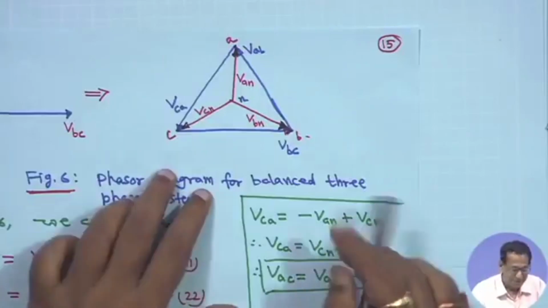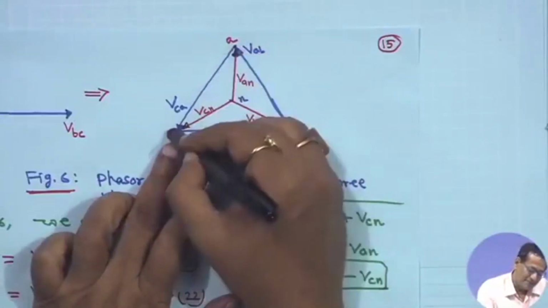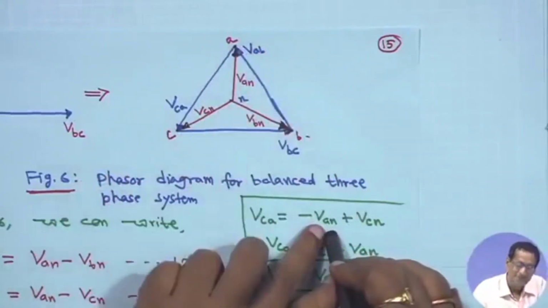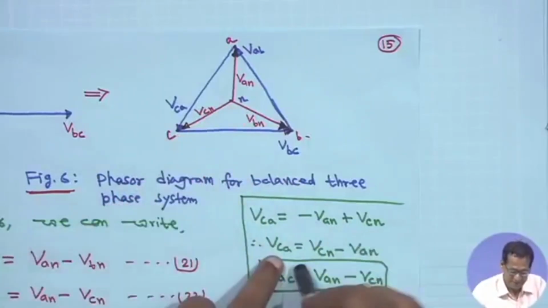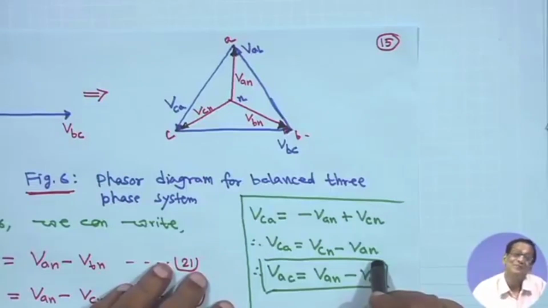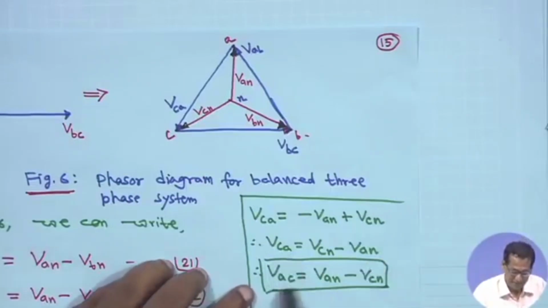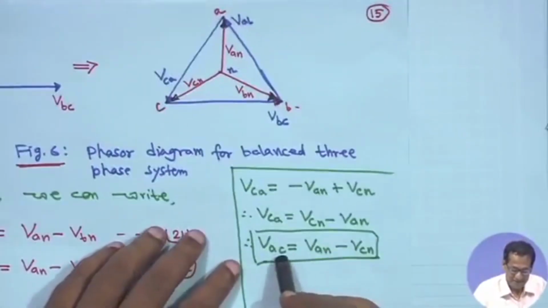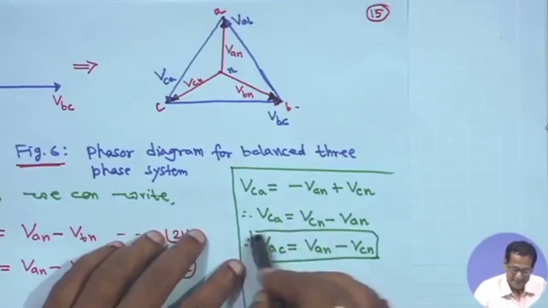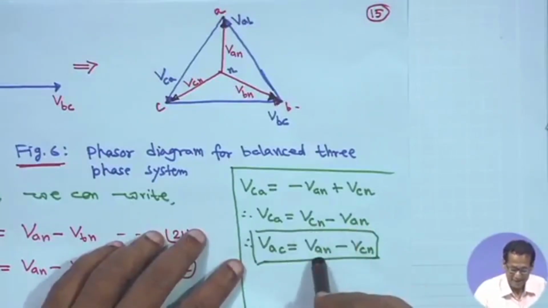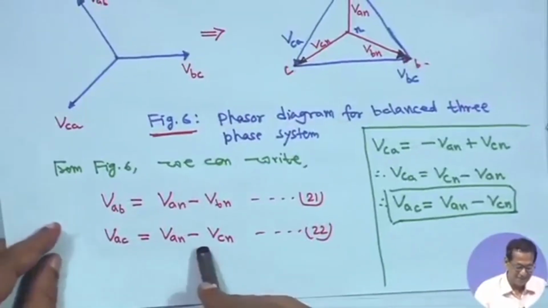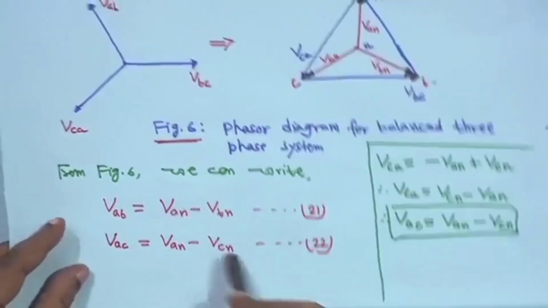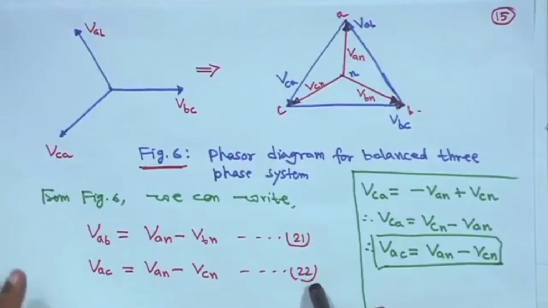So, V_ca is equal to minus V_an, writing first, plus V_cn. Therefore, V_ca is equal to V_cn minus V_an, but if we write V_ac, it will be just opposite, so you just interchange c and a. It will be V_an minus V_cn. Therefore, V_ac is equal to V_an minus V_cn, this is equation 22.